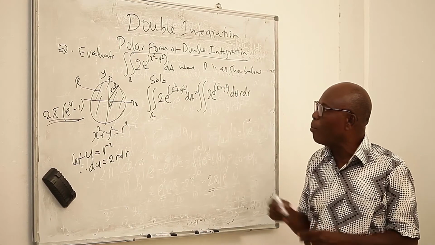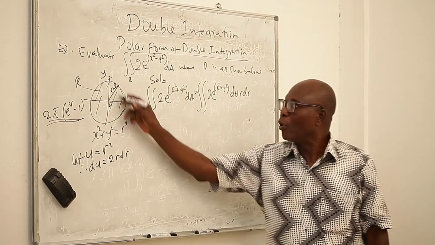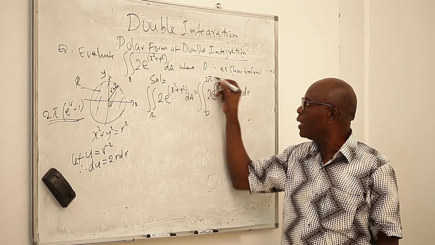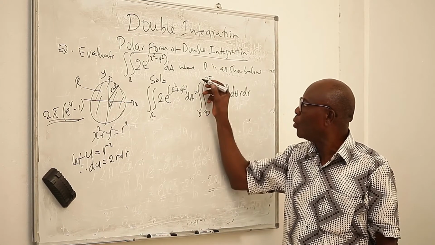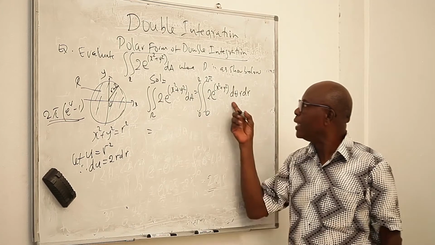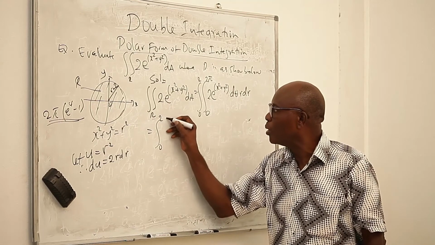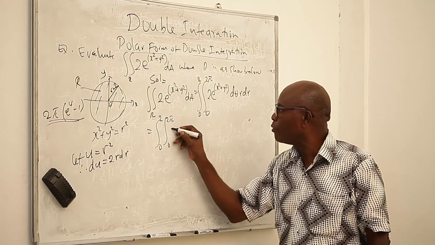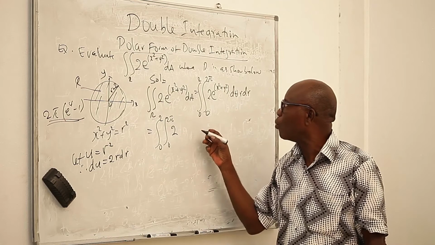And so when we are moving using the inner integral of theta, because it's a full circle, theta starts from 0 to 2π, and then the radius is from 0 to 2. And so when we formulate this one, we have the integral from 0 to 2π of 2, and we know x squared plus y squared is the same as r squared.